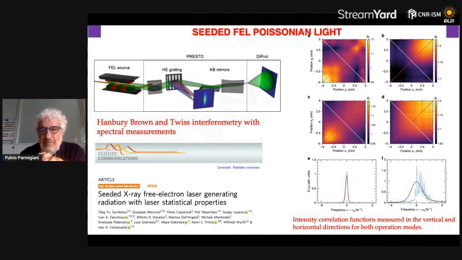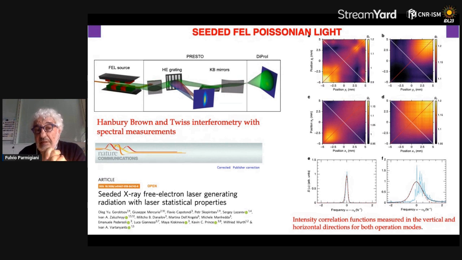Well, what you can see is that when the FERMI FEL is seeded, you have a very high degree of correlation, and actually what is turning out, with respect to the correlation that you can see when it's in the SASE mode, the correlation function is equal to 1.